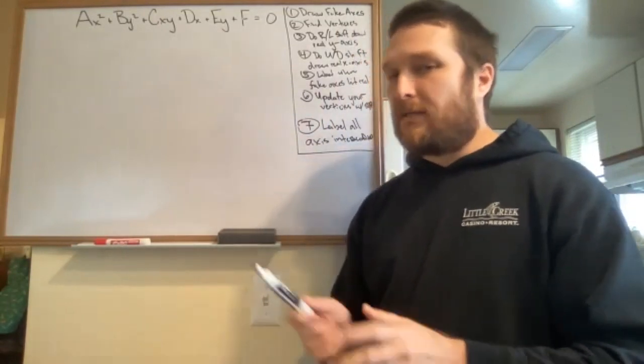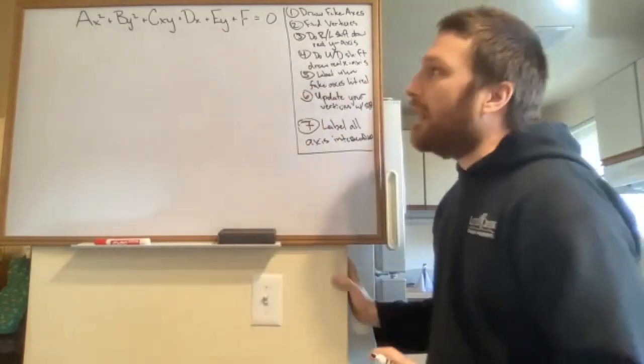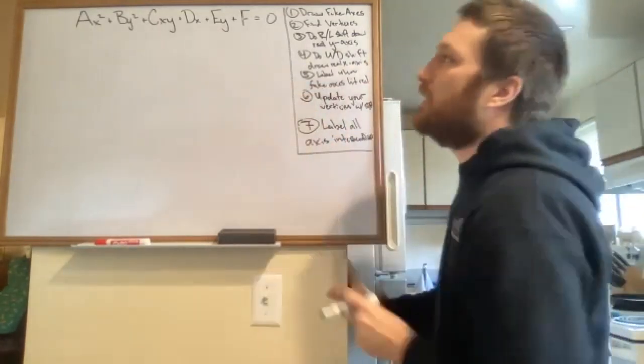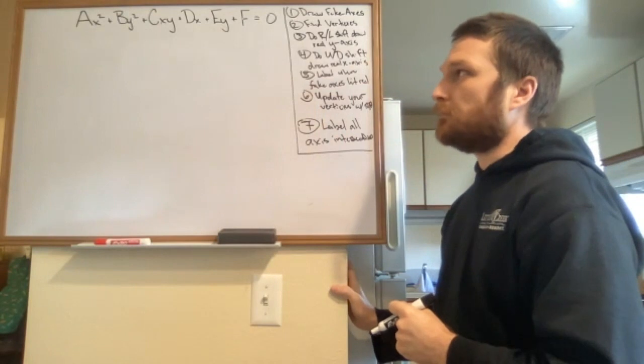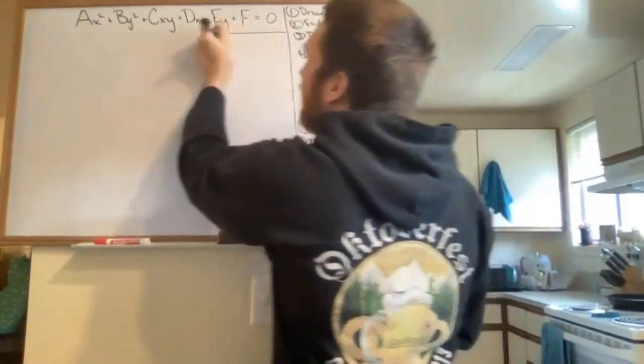So now let's get into what these things are. Believe it or not, you've been doing this since Algebra 1. What we're going to do is look at different cases of this equation right here.